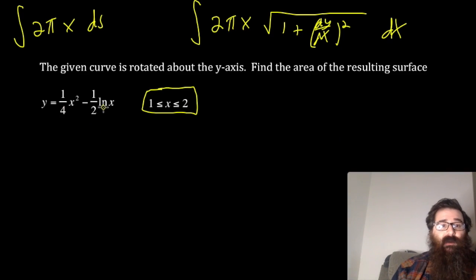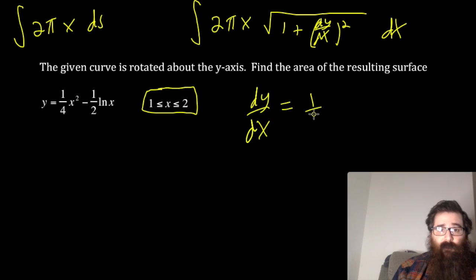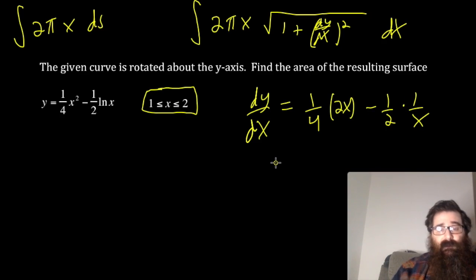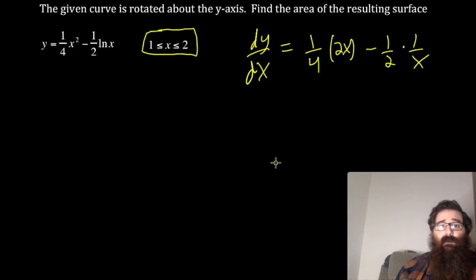And since y is already solved as a function of x, I can jump in. So the curve I have is y equals 1/4 x squared minus 1/2 ln of x. If I want to find dy dx, let's say 1/4 comes along, derivative of x squared is 2x, minus 1/2 comes along, derivative of natural log of x is 1 over x, and I can clean up this derivative.